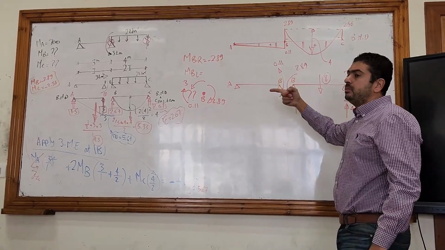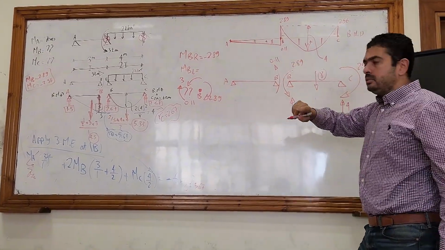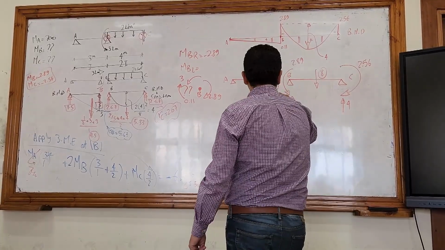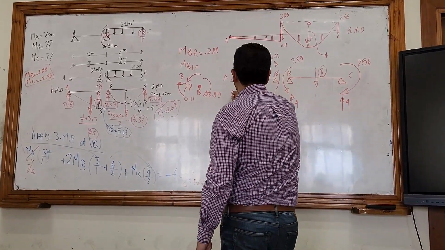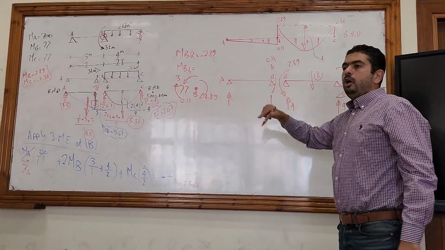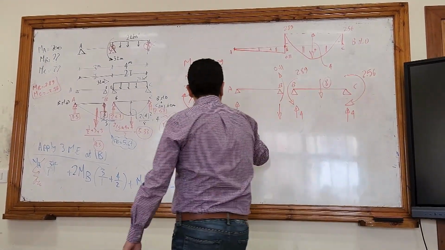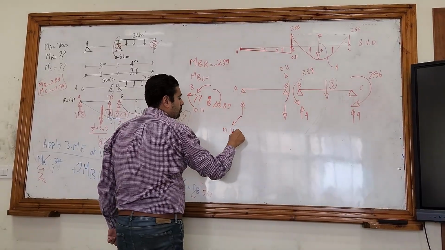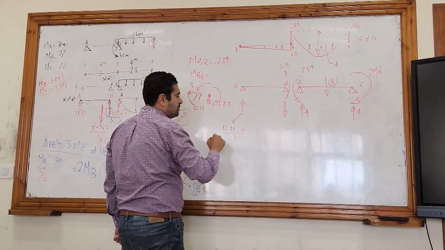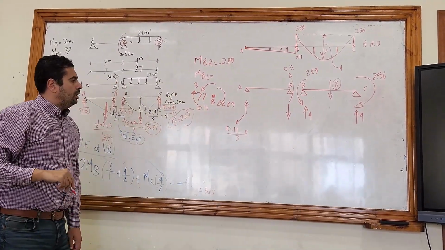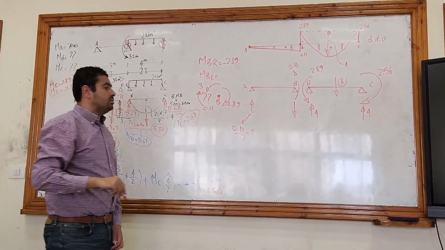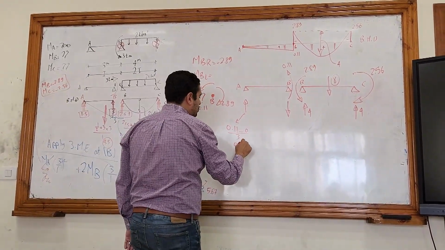The direction of the moment is anti-clockwise, so the 2 forces will be in these directions, making a clockwise couple. The value is 0.11 minus 0 divided by the span, which is 3, 0.036.